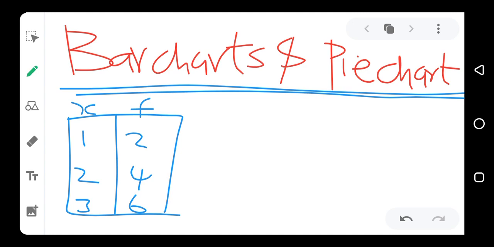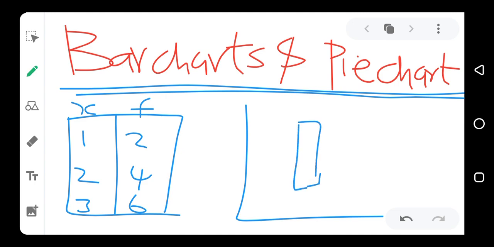we draw this graph. Then we are going to draw bars. Bars are something like this. Each bar's height is going to be equal to the frequency of that particular number. The bar always starts at 0.